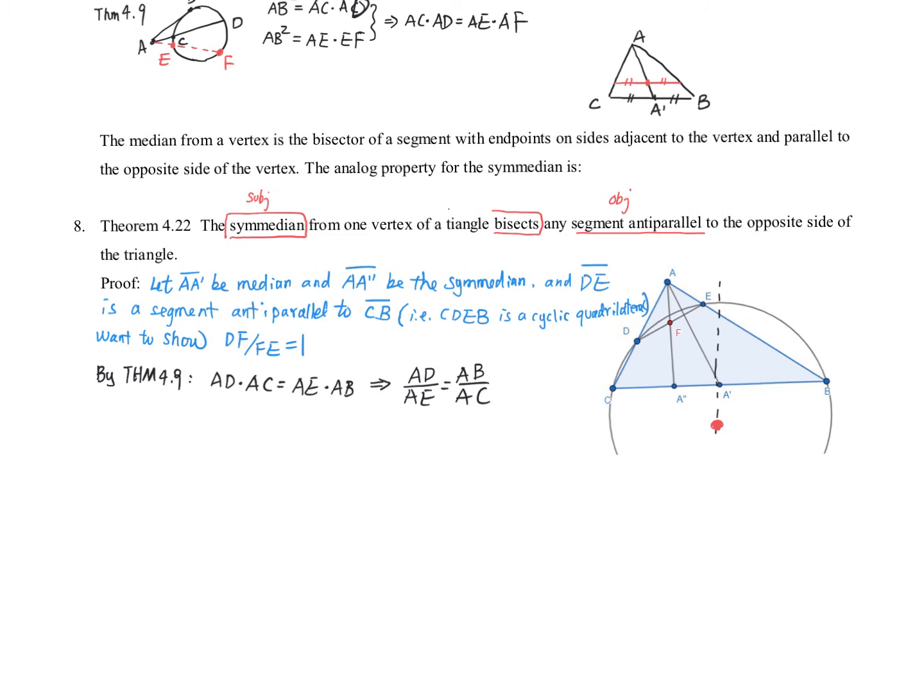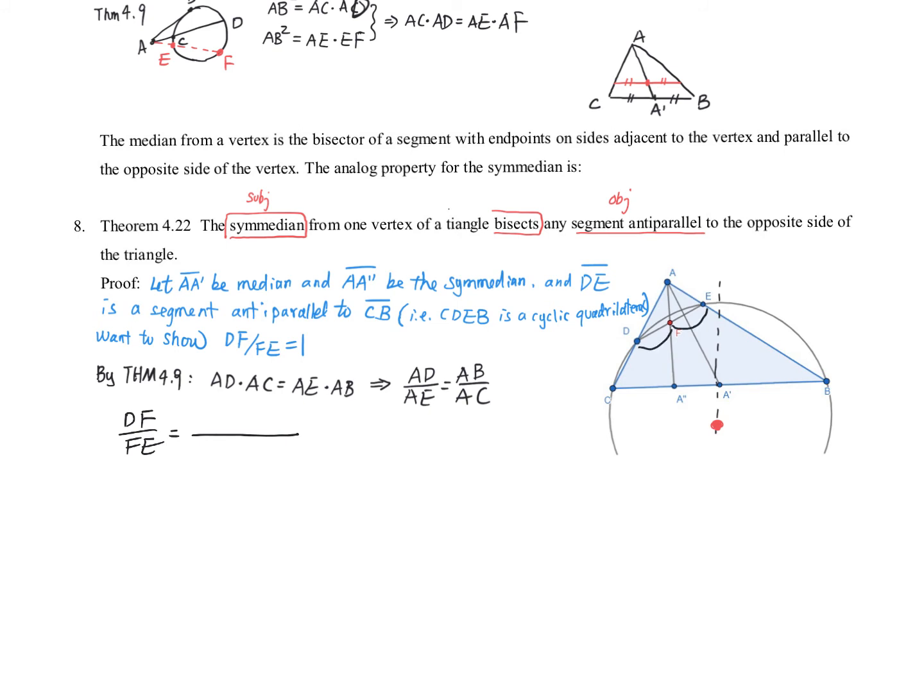Now we're going to do some substitution here. Take a look at what our target is. Our target is DF over FE. So I'll begin with that. DF over FE equals, DF is this guy, FE is this guy.